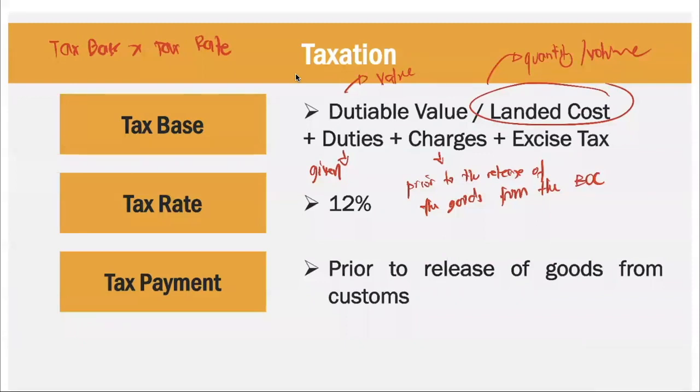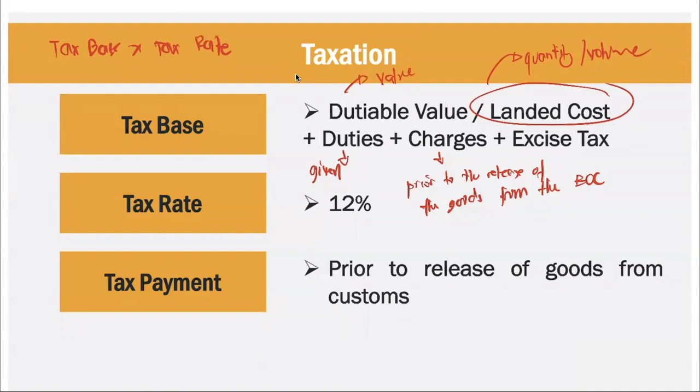Your problem here is what should be included in these charges. Some examples are your insurance, freight, what else? Commission, interest, bank charges, brokerage fees, arrastre fees, wharfage dues, what else?